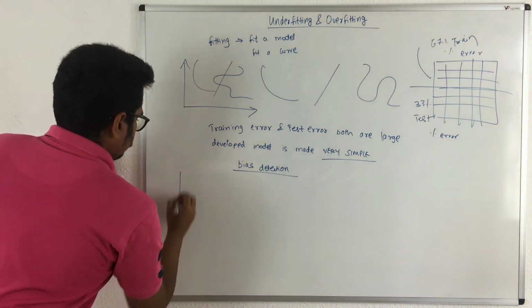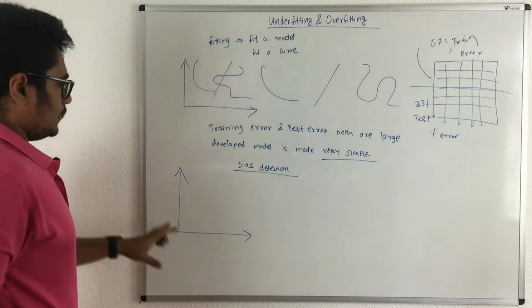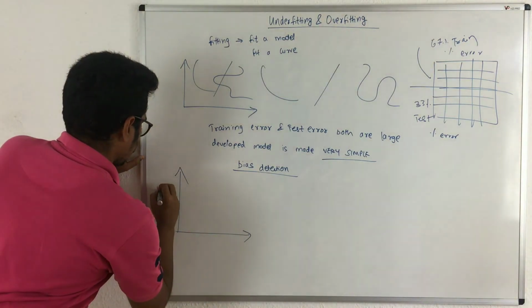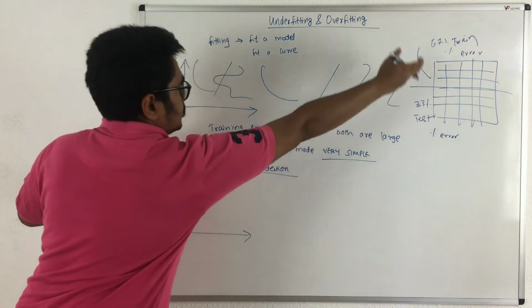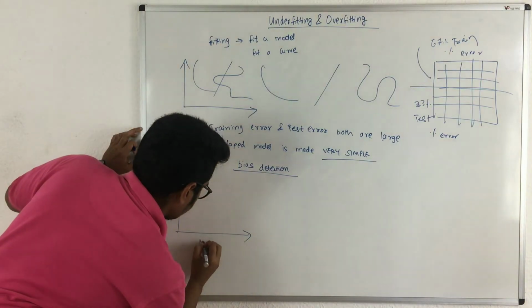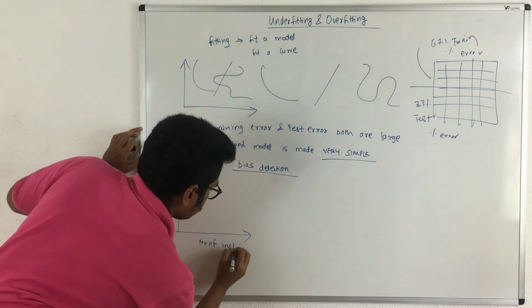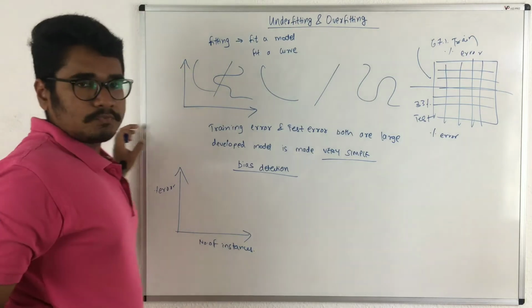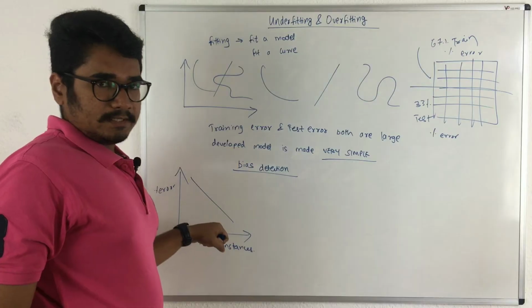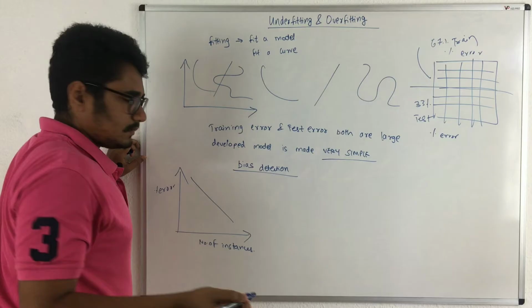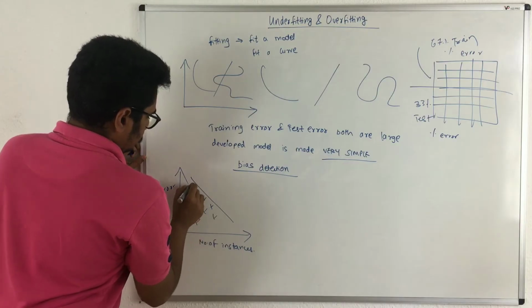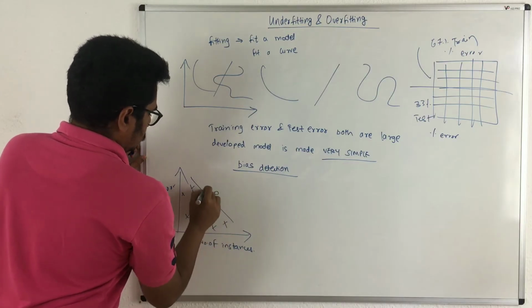Say for example you have something like this. On the y-axis you plot the percentage error, that is the training or test error, and on the x-axis you have the number of instances used for building your model. So for an underfitting curve, say it's like this, and you have some instances, some labels like this and some labels like this.